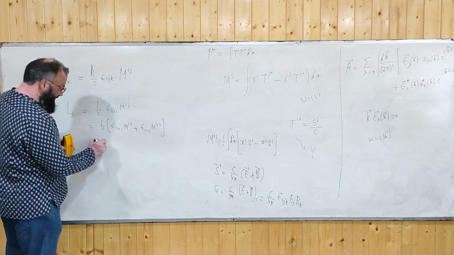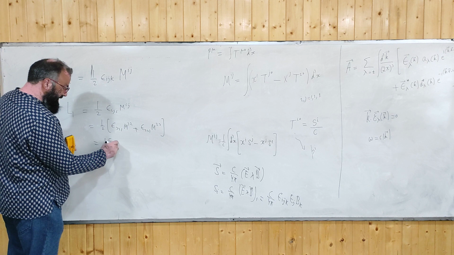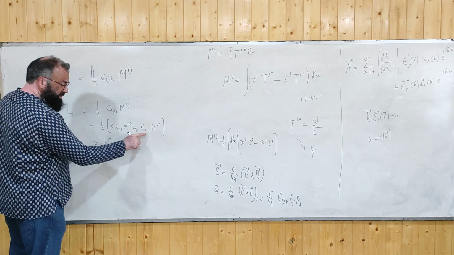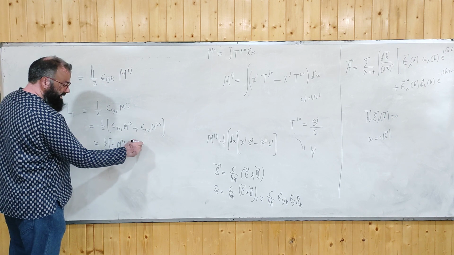It's minus 1. So it is half of minus M32 plus, with epsilon_231 equal to 1, simply M23.